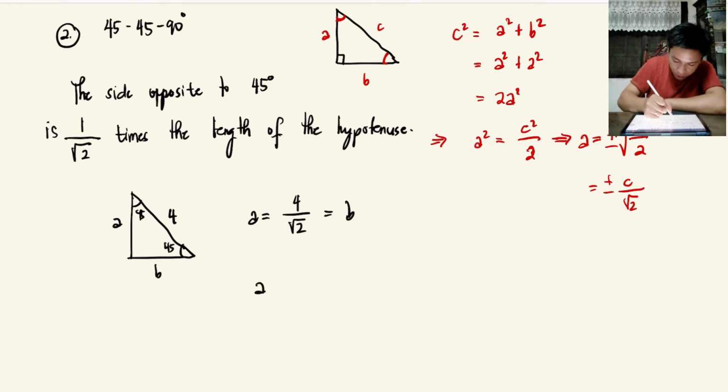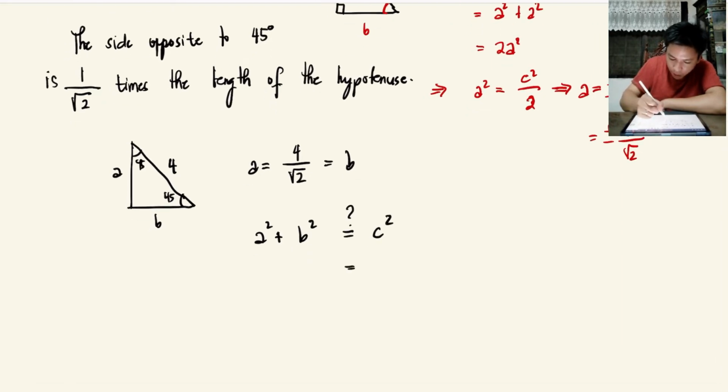So we have A squared plus B squared. We'll see if this is equal to C squared. Now, your C is 4, so C squared is 16. Your A squared is (4 over square root of 2) squared, and your B is the same, (4 over square root of 2) squared.